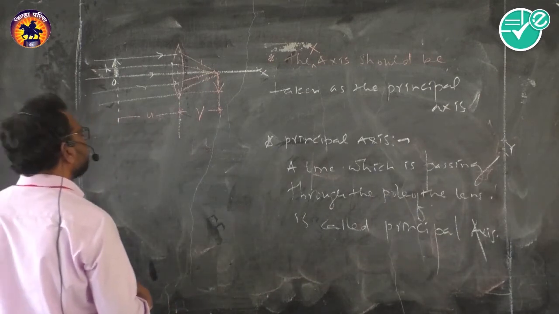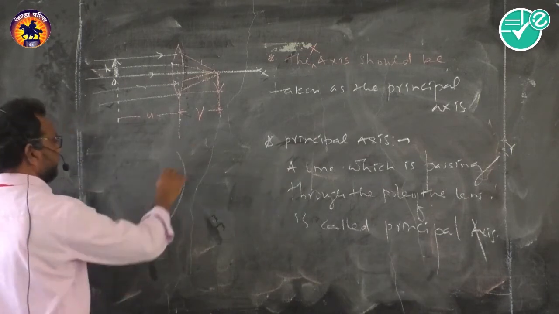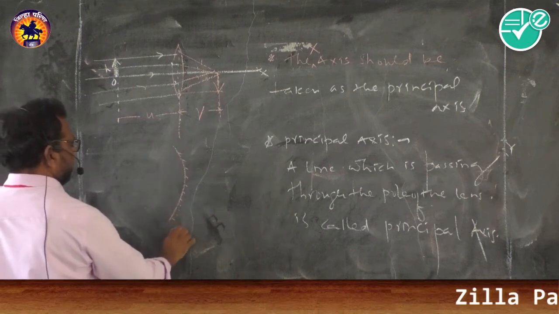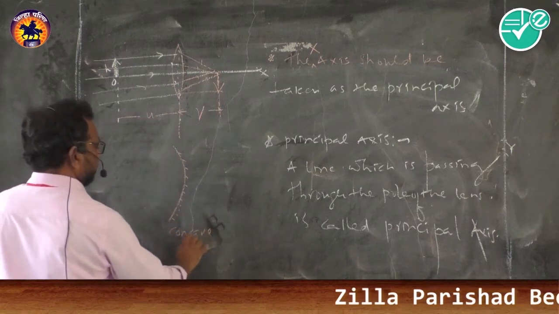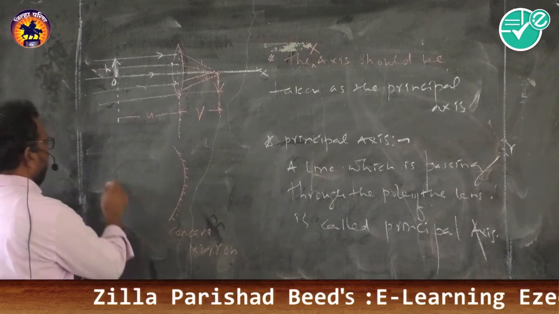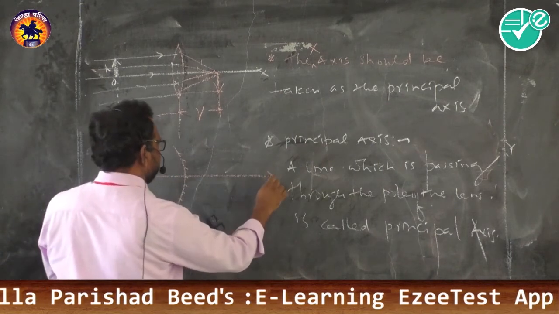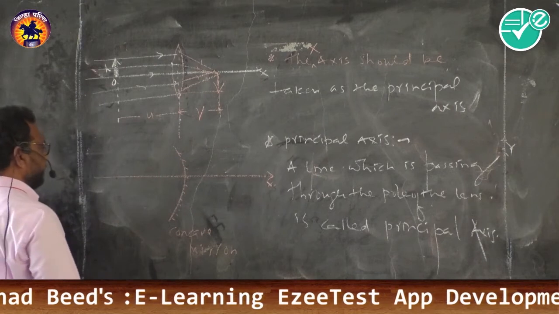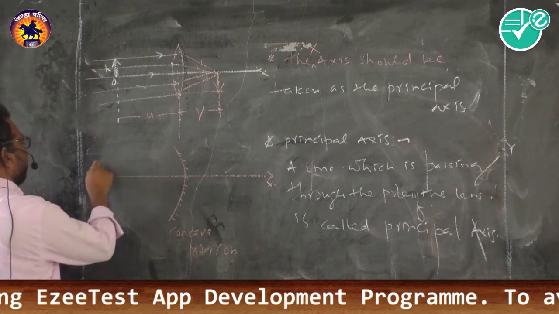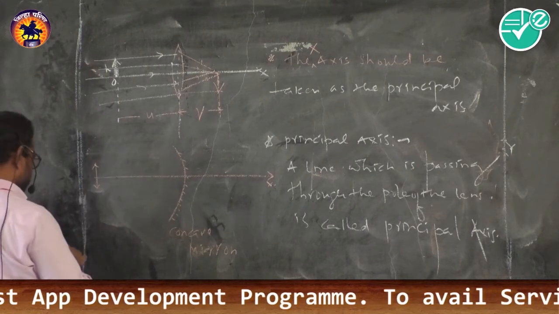Suppose that a concave mirror is there, and this is the principal axis, that is the x-axis, passing through the center. Somewhere here is the object.